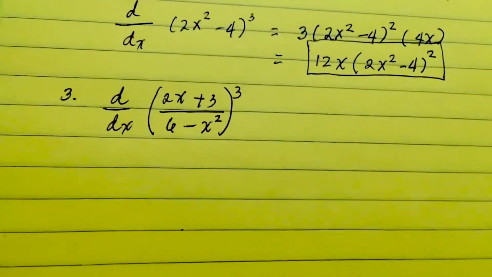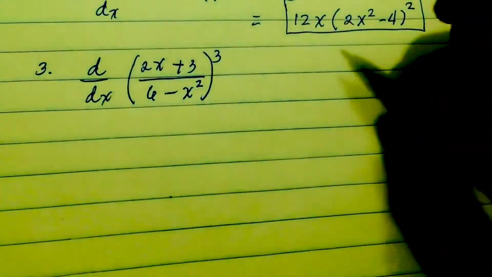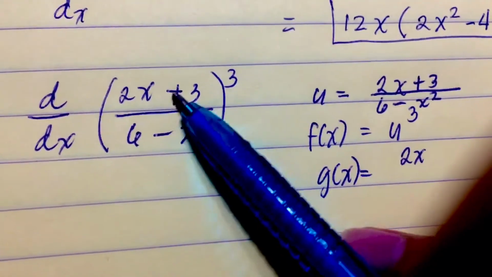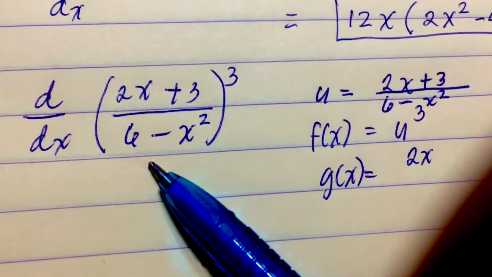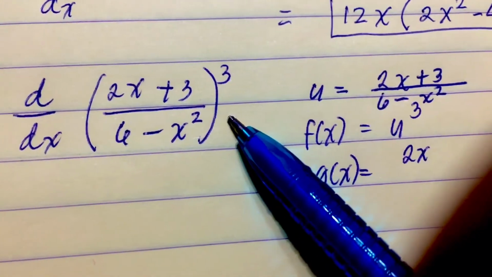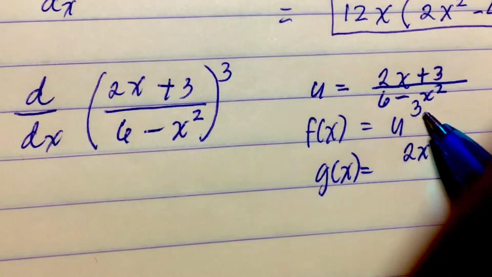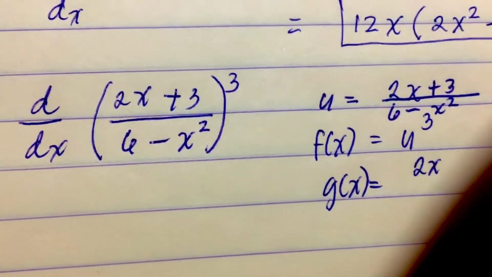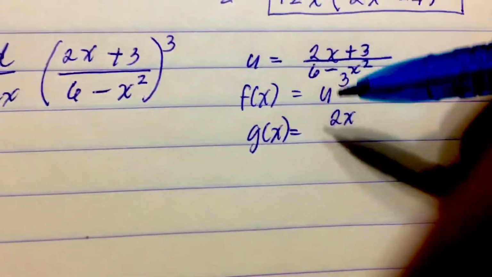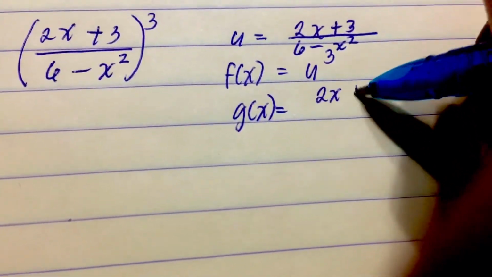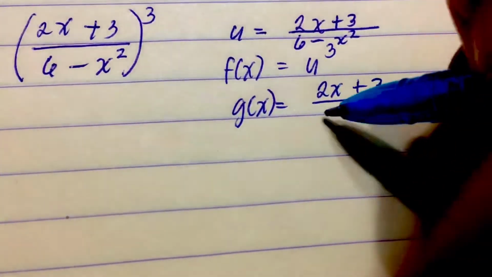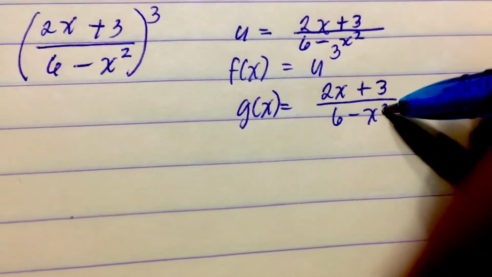Okay, let's identify the u. So I will write it. Your u there is 2x plus 3 over 6 minus x squared. Then the f of x is your u cubed. Then I will copy the g of x from your u, 2x plus 3 over 6 minus x squared.